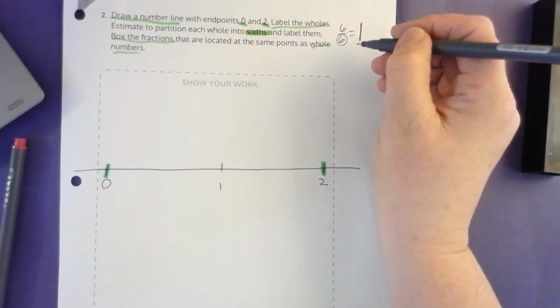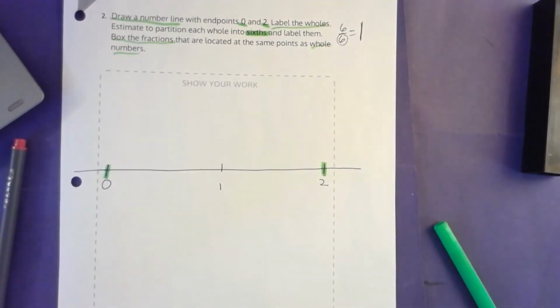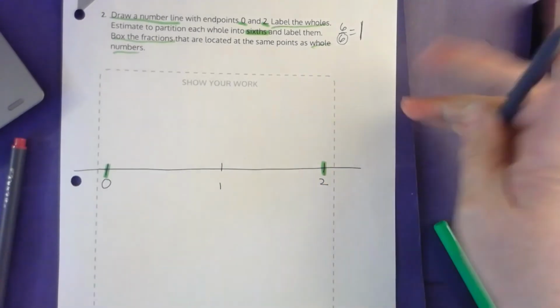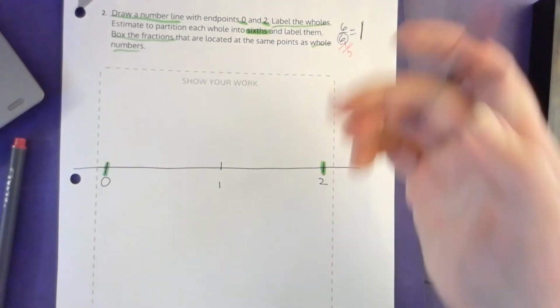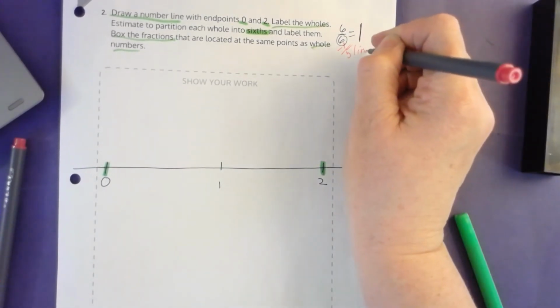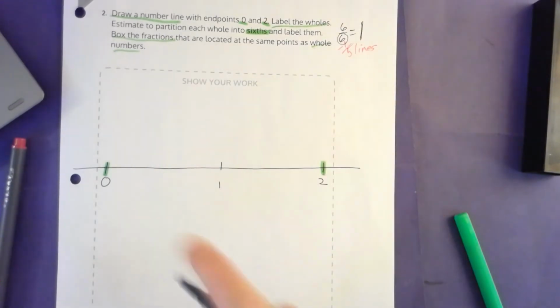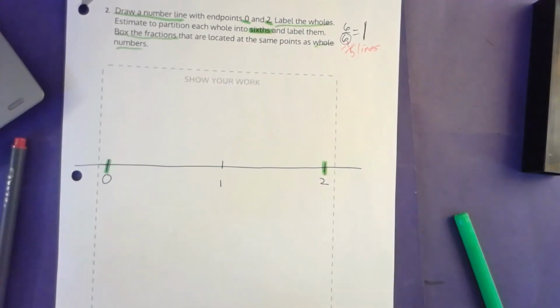Whatever the bottom number is, you take 1 away, which is, so we'll have to do 5 lines. 5 lines. We're going to divide it 5 lines.